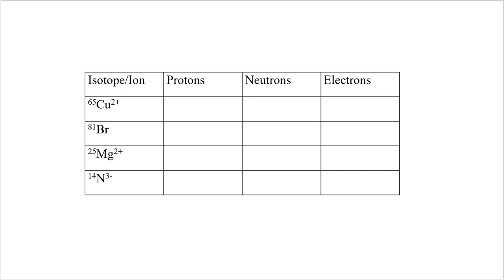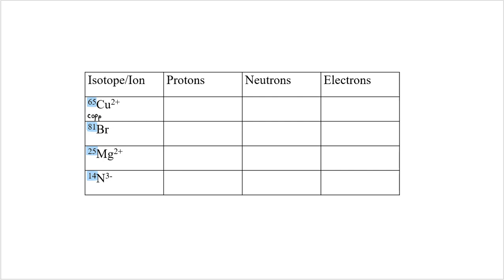So, protons, neutrons, and electrons. The most important thing to remember, this is the mass number. All of these are the mass numbers. Mass number is the whole number. It is the sum of protons plus neutrons. So we have a copper 2 ion. That's what this is called.